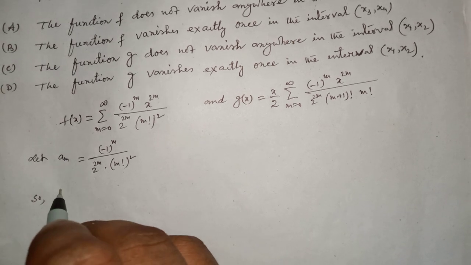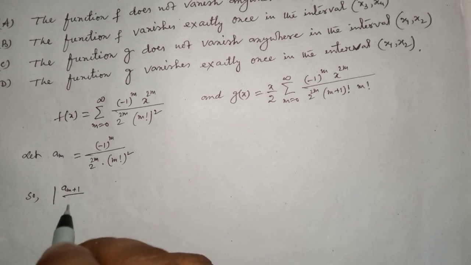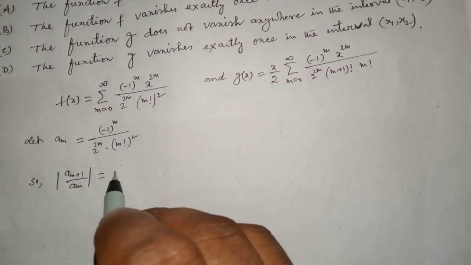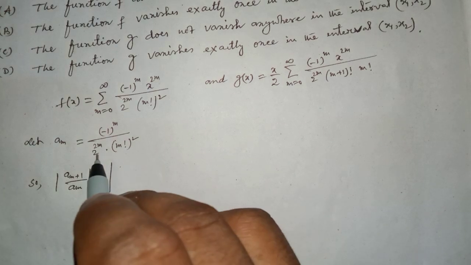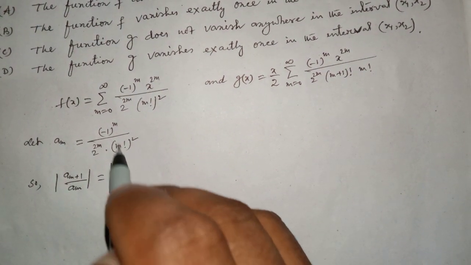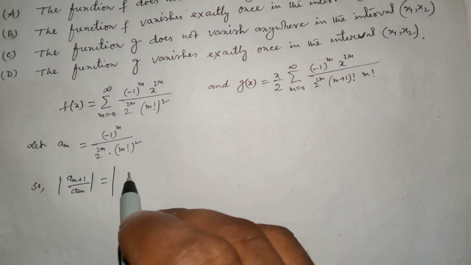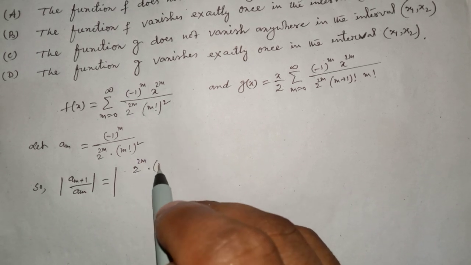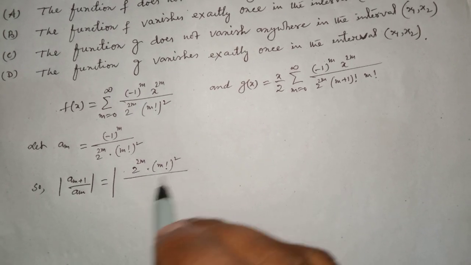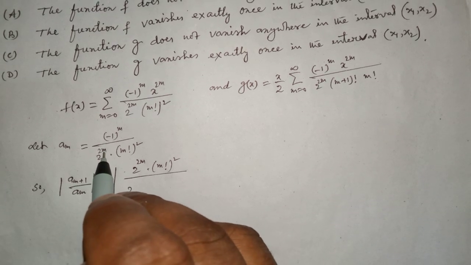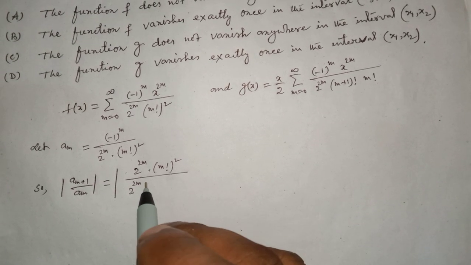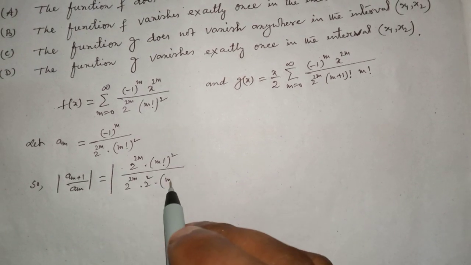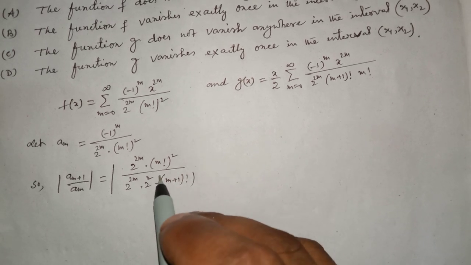So modulus of a_(m+1)/a_m is equal to, modulus means this is positive, so 2^(2m) (m!)^2 divided by 2^(2m+2), that is 2^2 times ((m+1)!)^2.